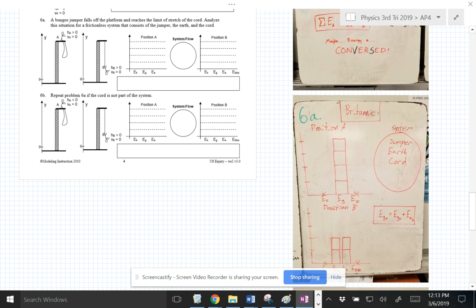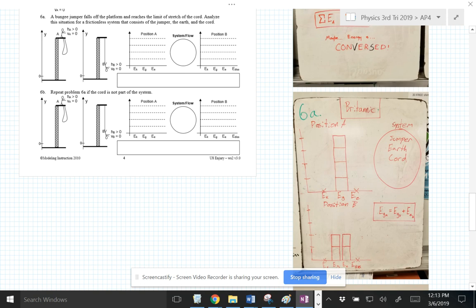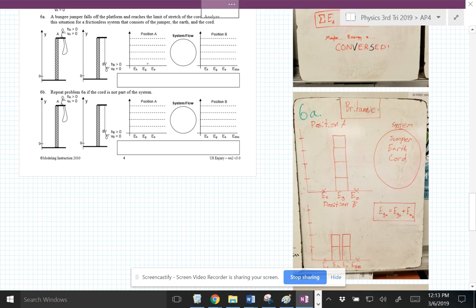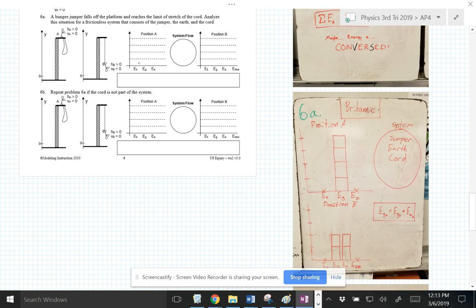All right. 6A. We've got 4 blocks of EG. 4 blocks of EG becomes 2 blocks of EG, 2 blocks of EE.